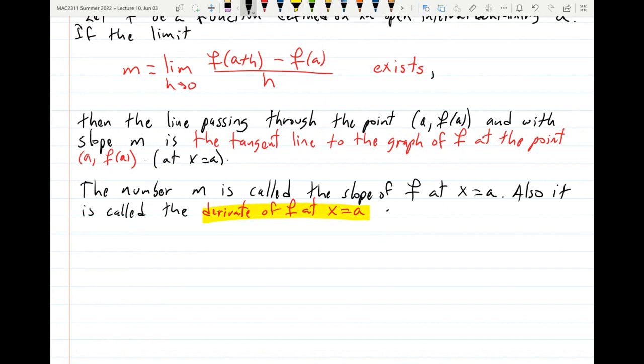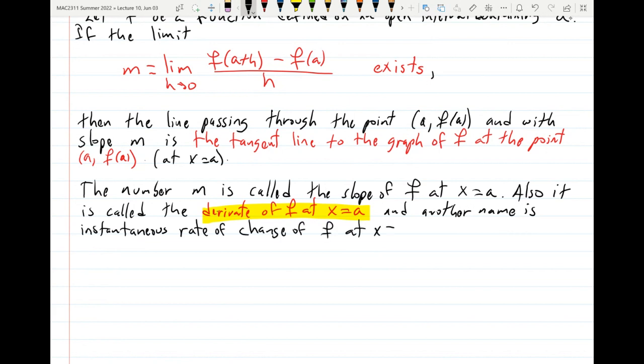Yet another name is instantaneous rate of change of f at x equal a.